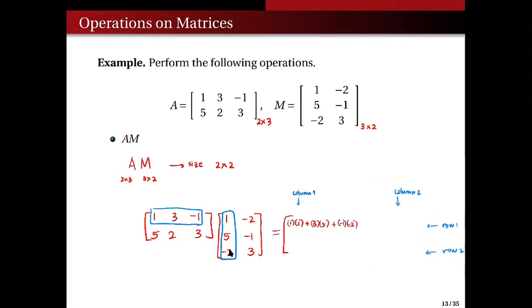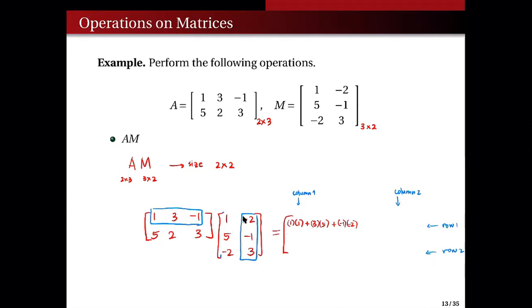Now, let's look at first row of A and then second column of M. So first row of A and second column of M. That will be on this entry.